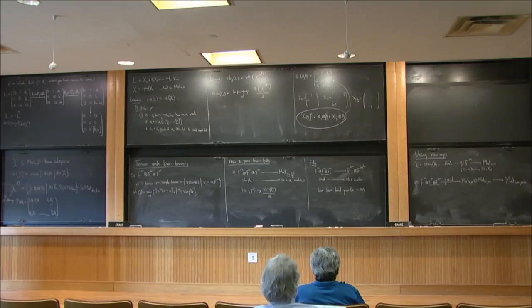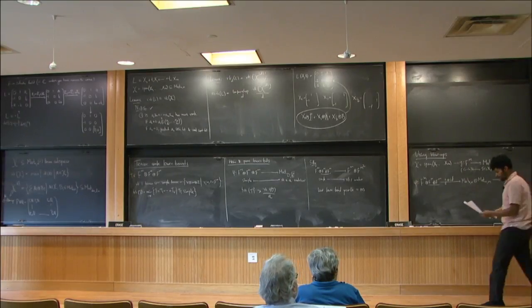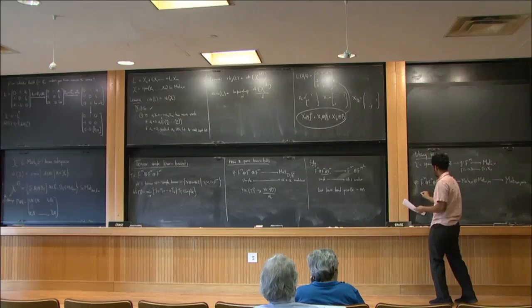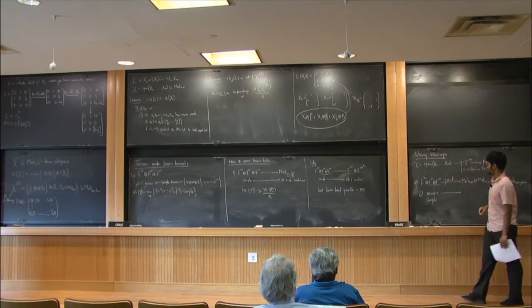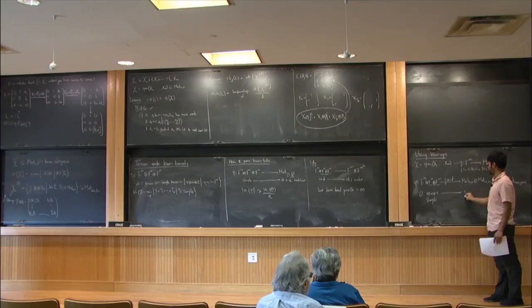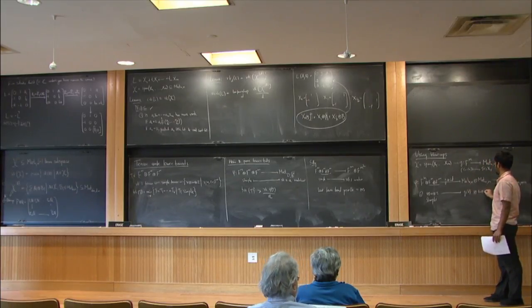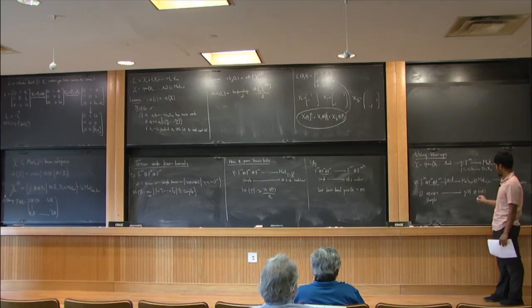Yeah, this is clear. Now where does the simple one go to? Okay, so V tensor W tensor Z. So this is a simple tensor. So the V goes to G of V, tensor W tensor Z. Yeah, this is a rank 1 matrix.